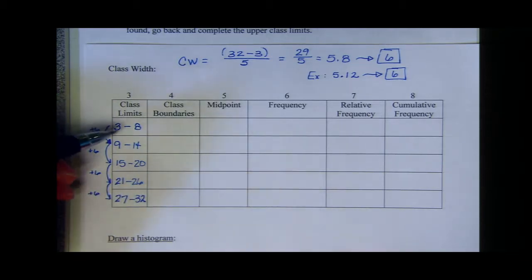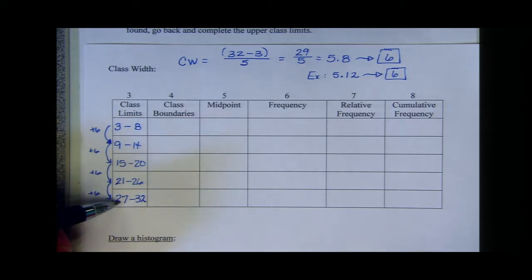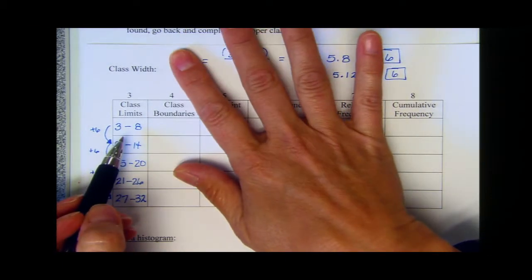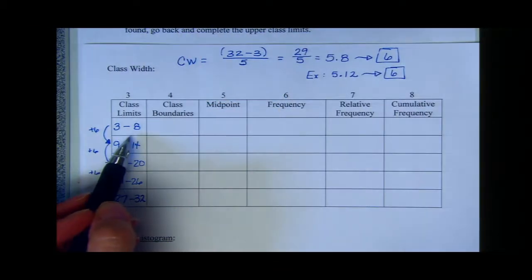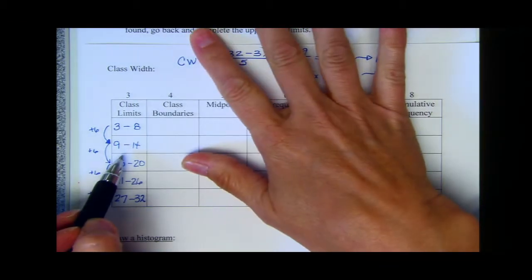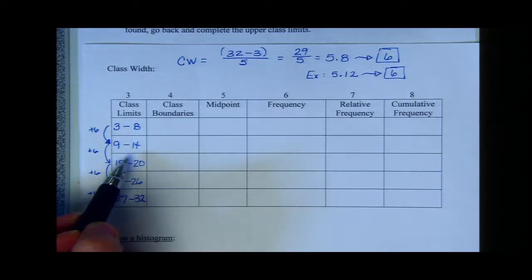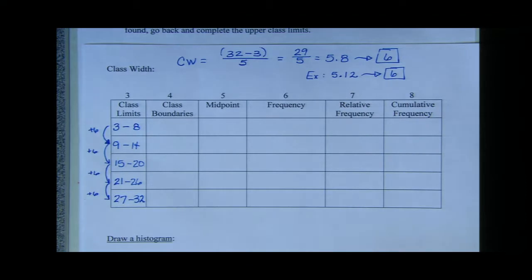Because what we have now is in each class, there are 6 numbers represented. And the class width is 6, so 3, 4, 5, 6, 7, 8. 6 numbers are represented. 9, 10, 11, 12, 13, 14. 6 numbers are represented. And that is an important characteristic that needs to hold true.